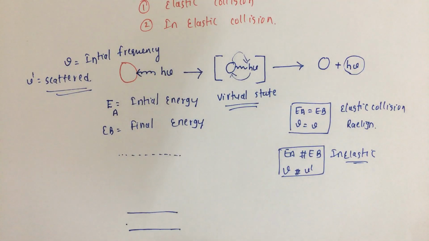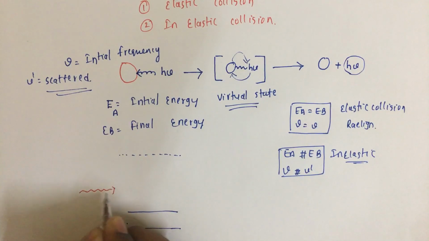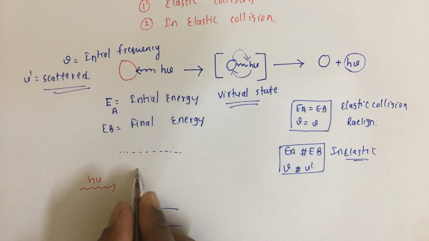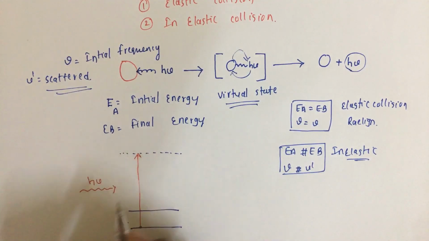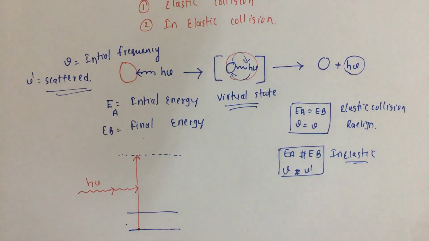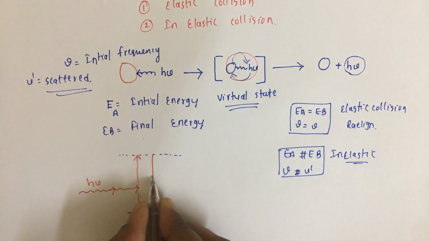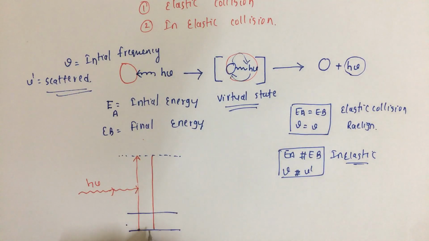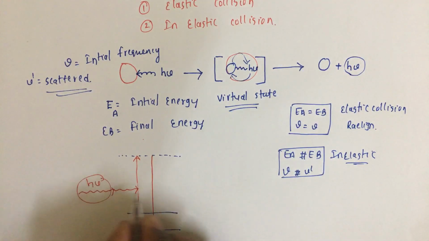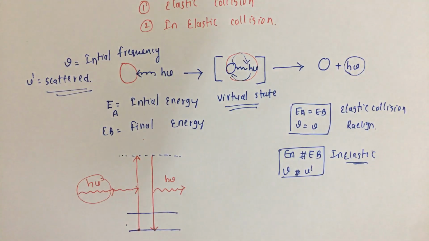The molecule is here, and we hit it with a photon of energy h nu. Now the molecule goes to the virtual state. Now it returns to its original state by emitting radiation, meaning whatever photon we used to hit will be emitted or scattered.